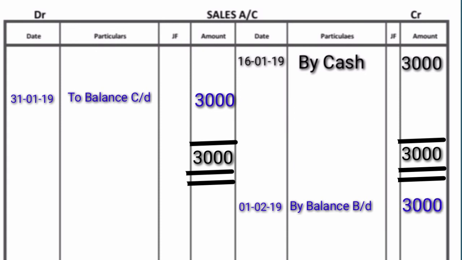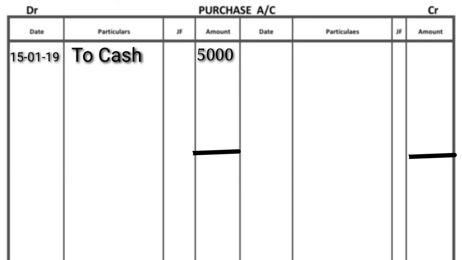Okay. Then last we need to close the purchases account. Here also we can do the same process. First check which side the amount is more, debit side or credit side. So here the total amount on the debit side is 5,000 and credit side 0. So the debit side has more amount. So that 5,000 we need to write on both sides, debit and credit sides, and give a double underline.